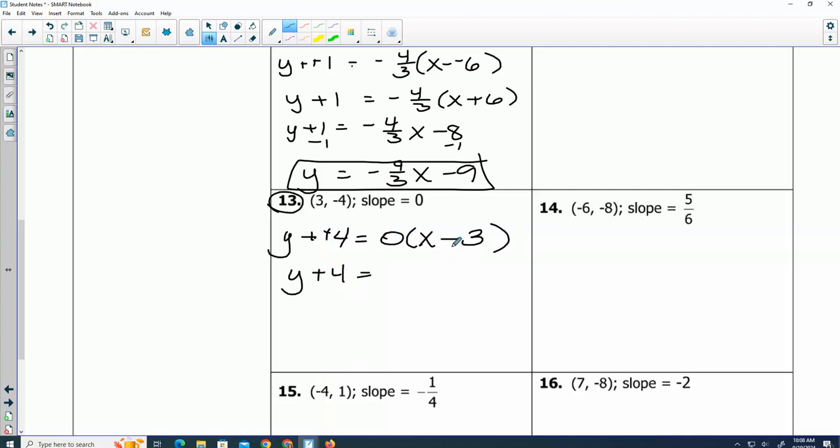What's 0 times anything? If you subtract over the 4, you get y equals negative 4. Okay, remember HOY and VUX. If it's a y equals, what kind of line is it? Horizontal. And didn't we say the slope of a horizontal line is always 0?